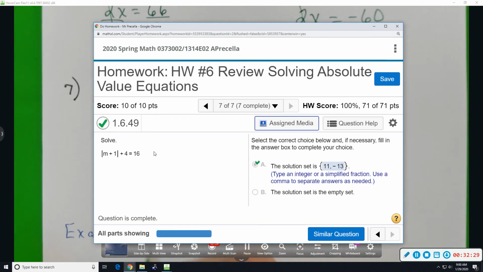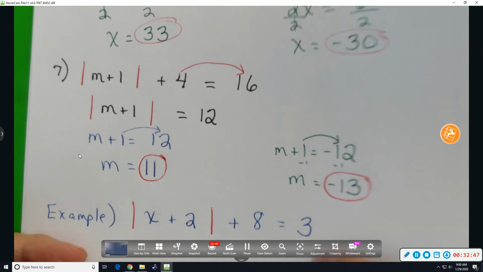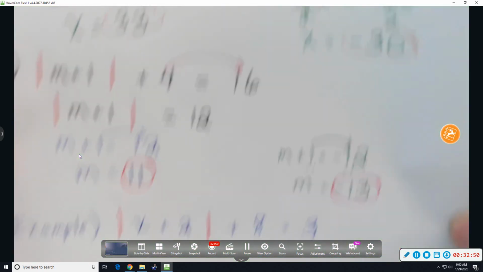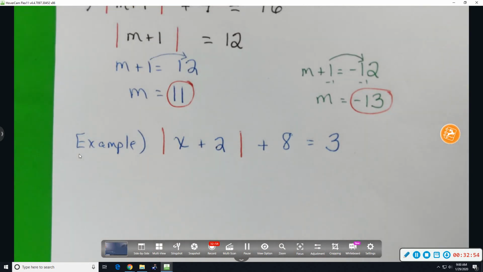Let's look at this example I just made up. Absolute value of x plus 2 plus 8 equals 3. At first glance, there's not a negative on the right-hand side.